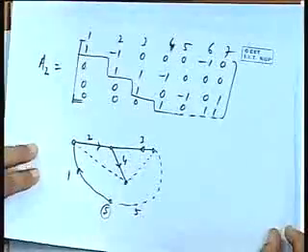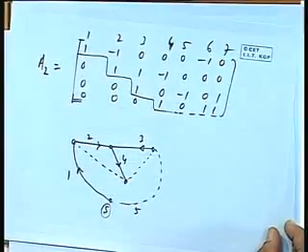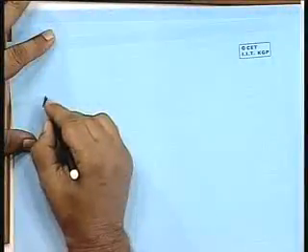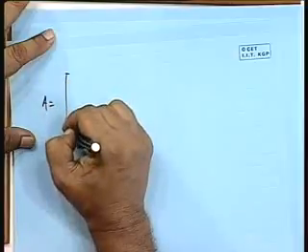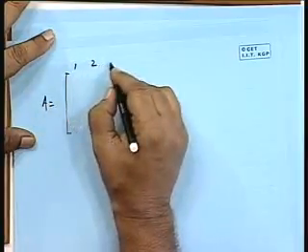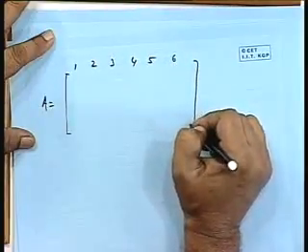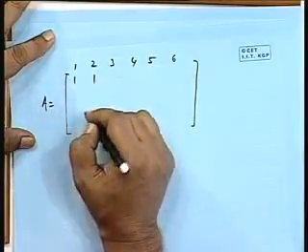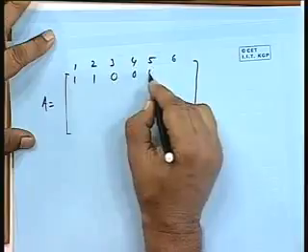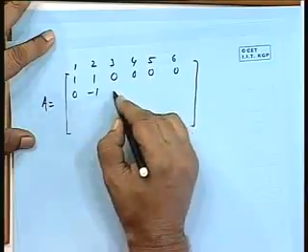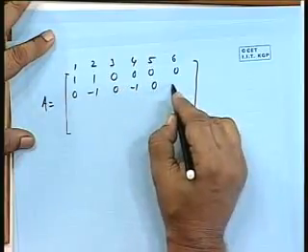Another example we'll try. Suppose you are given matrix A, with columns 1, 2, 3, 4, 5, 6. 1, 1, 0, 0, 0, 0, then 0, minus 1, 0, minus 1, 0, minus 1.